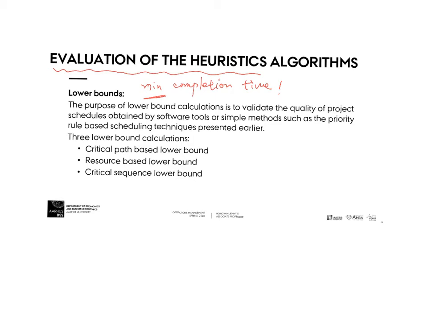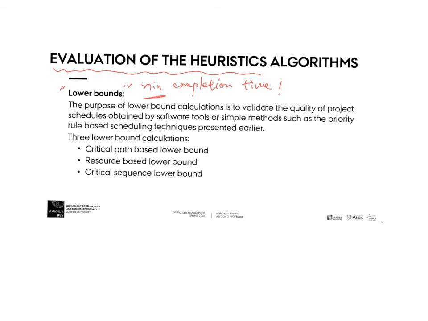If you know the lower bound, of course the best lower bound is the optimal. If you can evaluate that my heuristic solution is close to optimal, then that's a good heuristic solution.